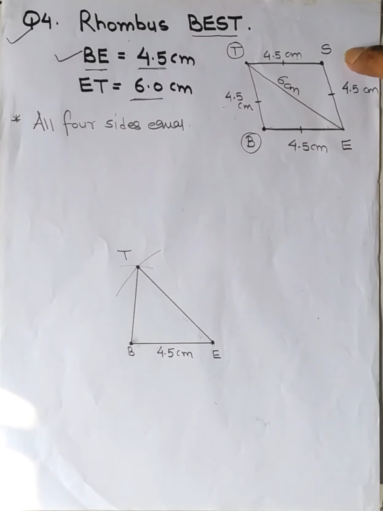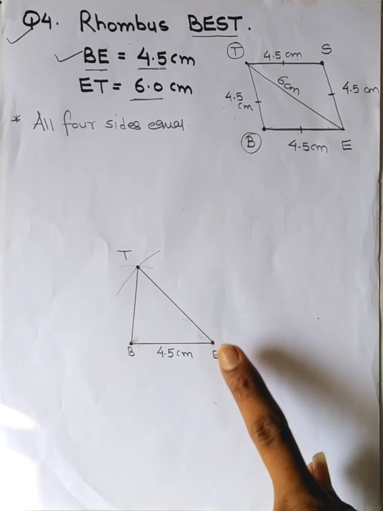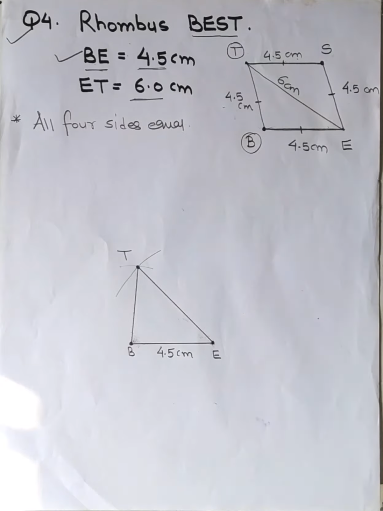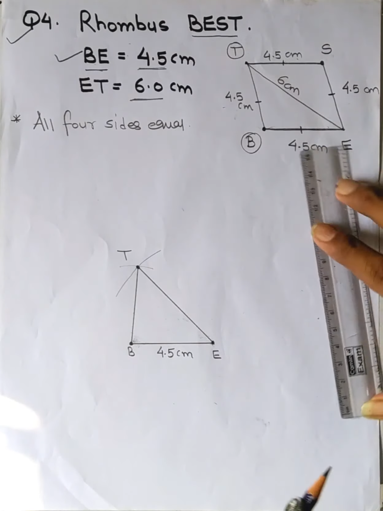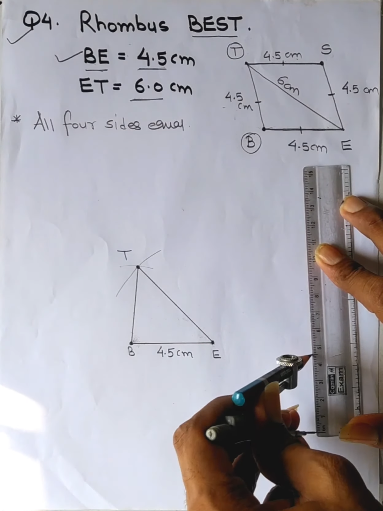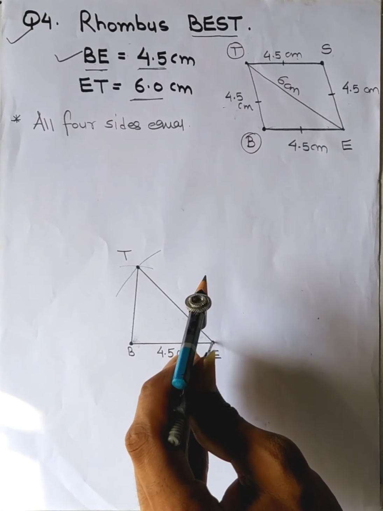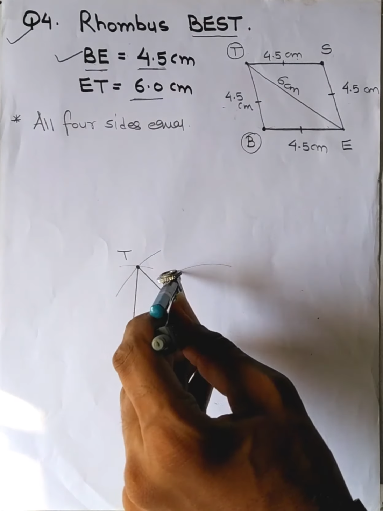So here we need point S, which is 4.5 from T and 4.5 from E. So we will take 4.5, and we'll take E as a center and T as a center one by one. So 4.5 we have taken on the compass. From E, let us draw an arc.